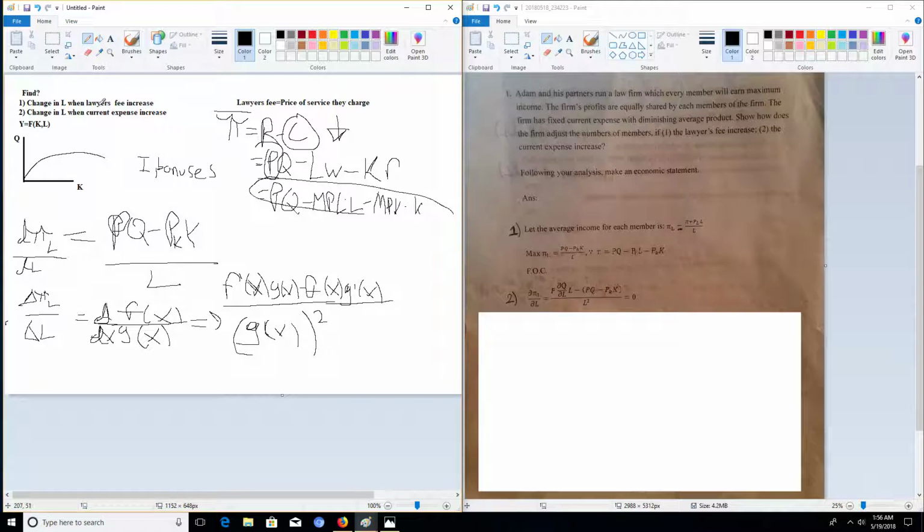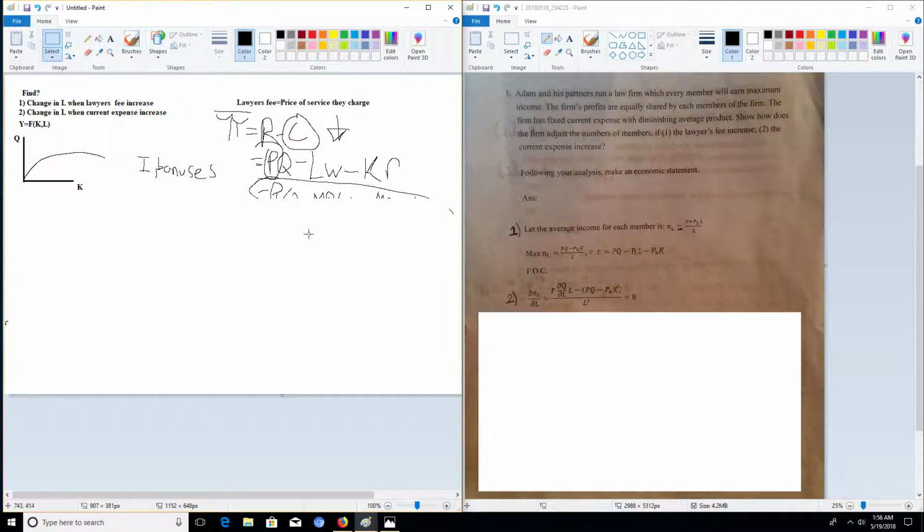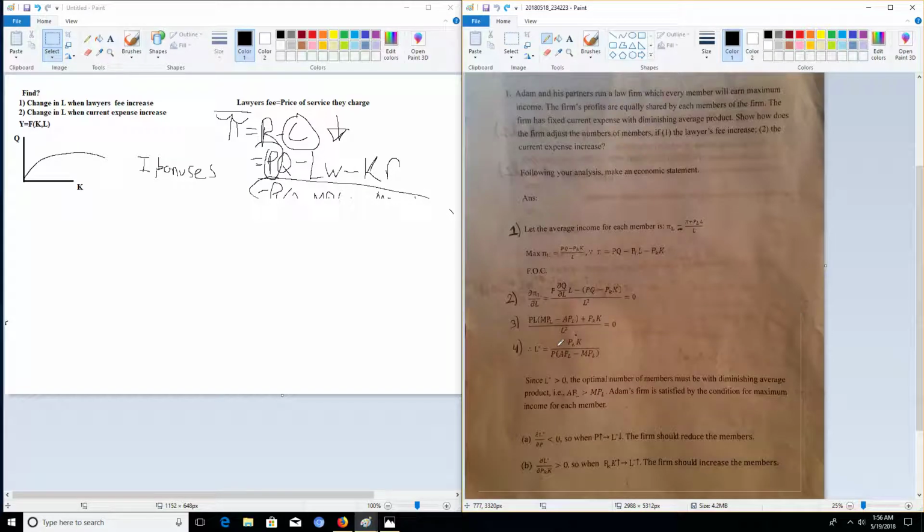So, once again, getting rid of some of this stuff and revealing more of this. We're going from 2 to 3 here. It's sort of complicated, but let's figure out what he does.